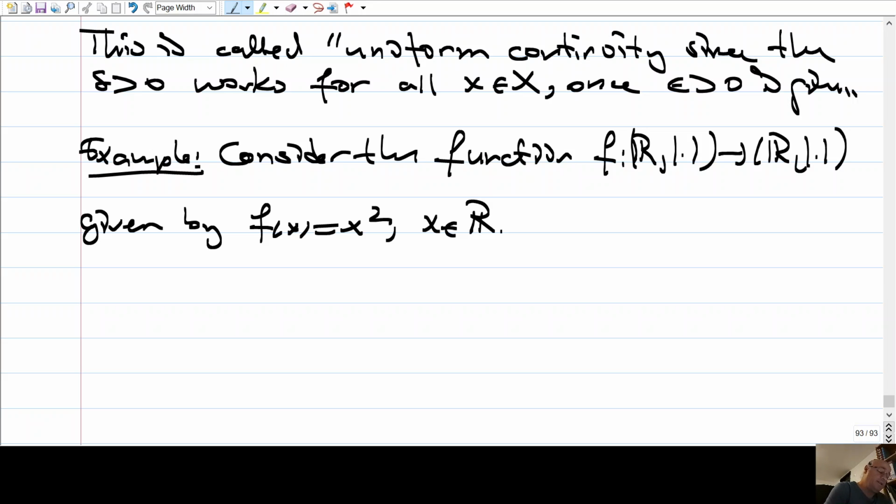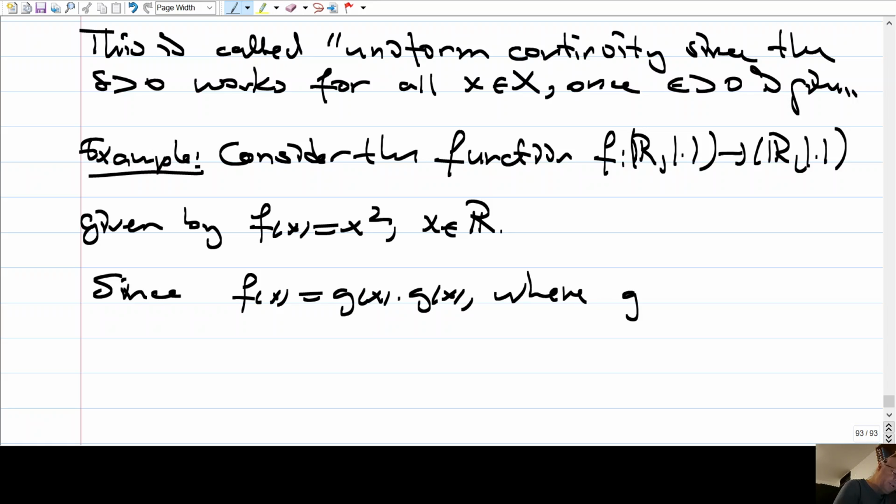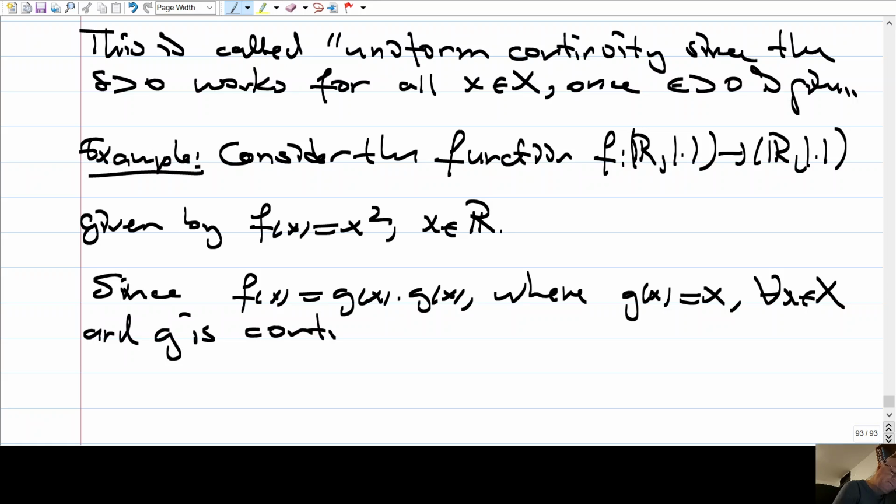Well, the claim is this function is continuous. We already know that because x is continuous, therefore x times x is continuous, since f of x is just g of x times g of x, where g of x is this function, and g is clearly continuous, you can just take delta equal to epsilon. So f is continuous.